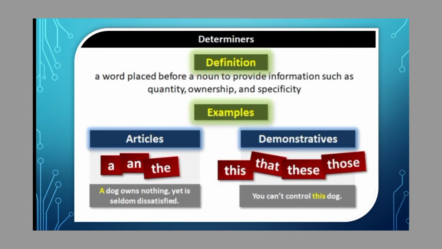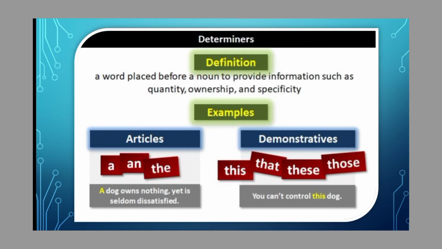They are this, that, these and those. We use this and that to identify a singular object, and these and those we use to refer to plural objects.